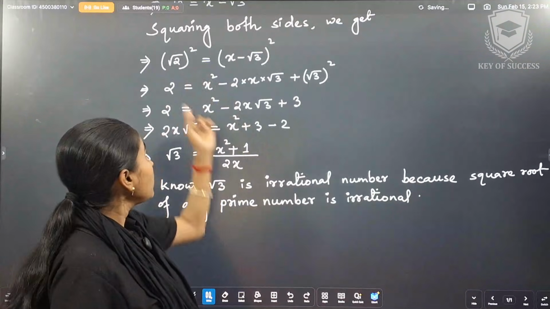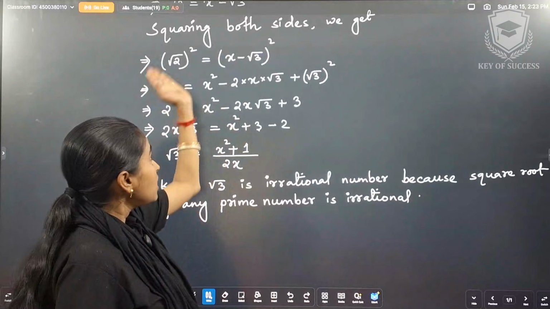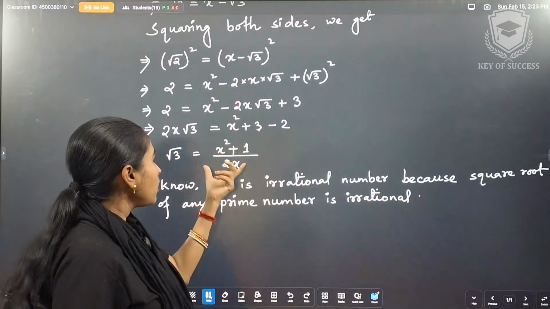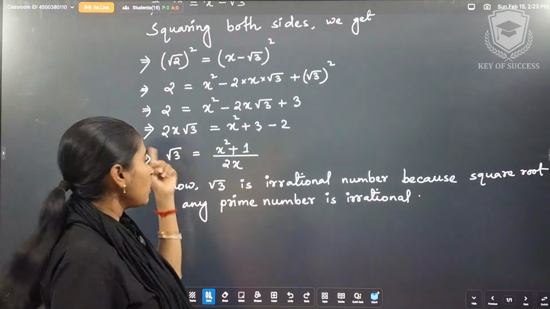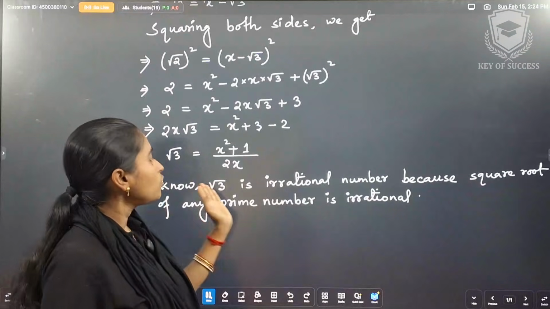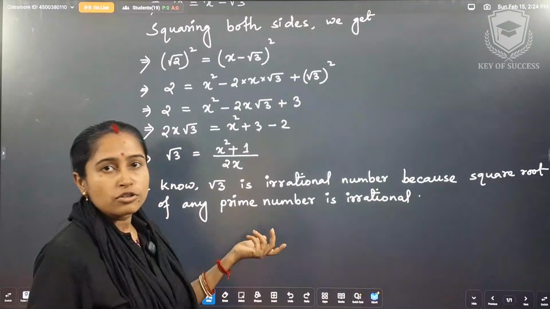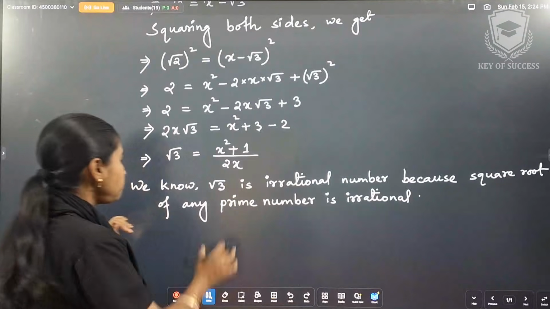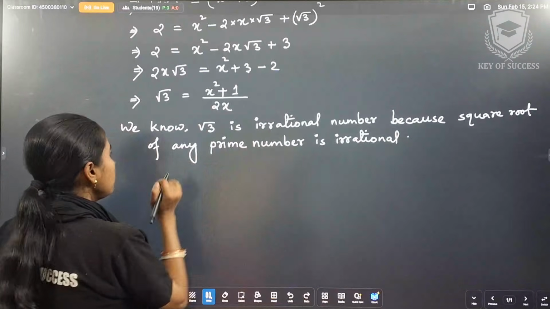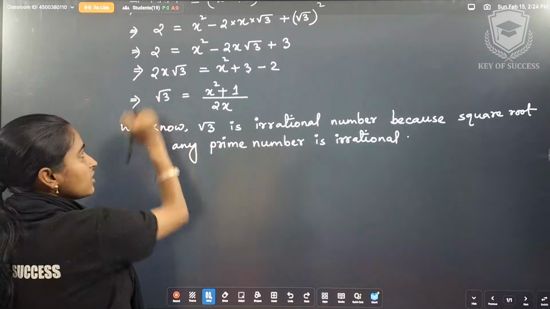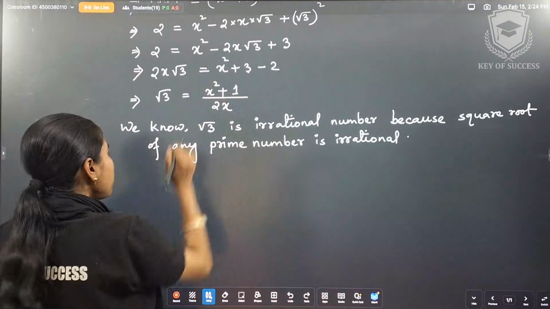Now if you are solving this one with root 2, you change root 2 to that side, then you will get root 2 here. Then what you will write? Same process. We know root 2 is an irrational number because the square root of any prime number is irrational. 2 is also a prime number. Okay. And then this one is irrational, then this is what? This is a rational number.